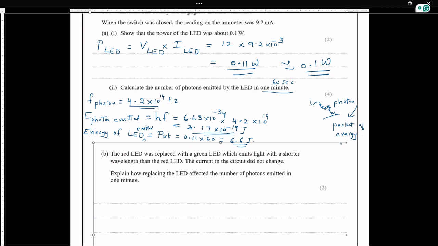It is 6.6 joules. Now what we need is the number of photons emitted. See, here we have two pieces of information. One is the energy of one photon emitted, and the second one is the total energy of the LED emitted. So making use of these two, I don't have the place here, so I'm writing the next line somewhere here.